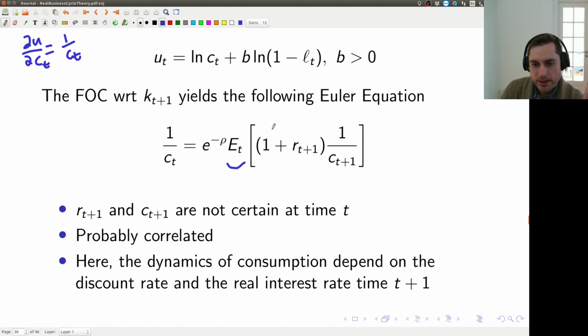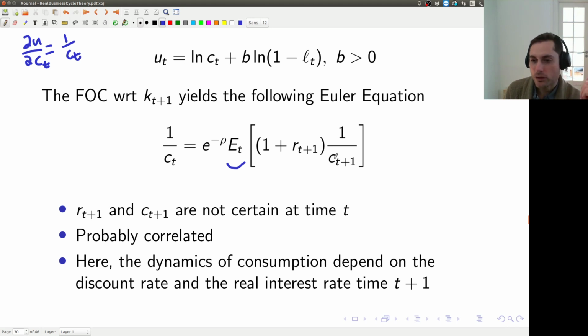All right, so what's important here is actually that you can't separate these two shocks, consumption and the rate of return. Why is that? It's because they're probably correlated. So imagine that we get a very, very good productivity shock. Utility is log, right? So the substitution and income effects are going to cancel out.